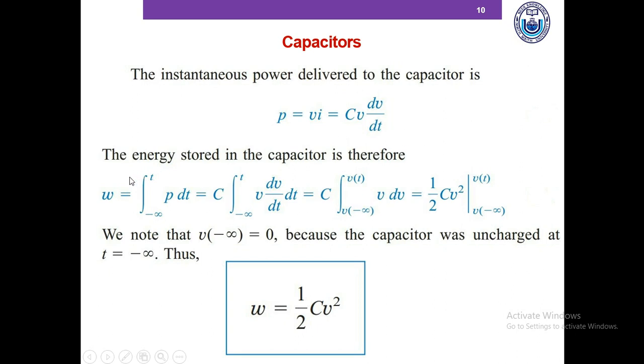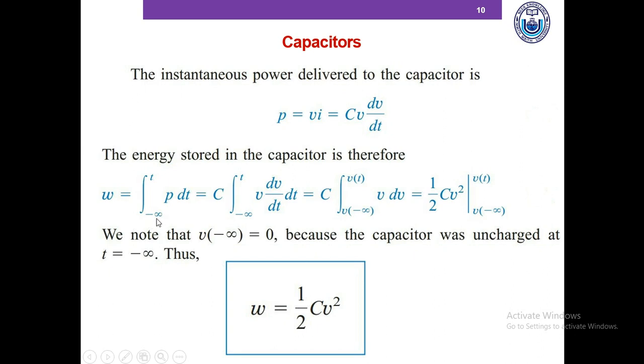Now, we know w is equal to the integral of p dt, so if we integrate power with respect to time, we end up with the energy stored in the capacitor. If we perform the integration, we end up with something like this: half C v squared, where the lower limit is v of minus infinity and the upper limit is v of t. So what does minus infinity mean here?